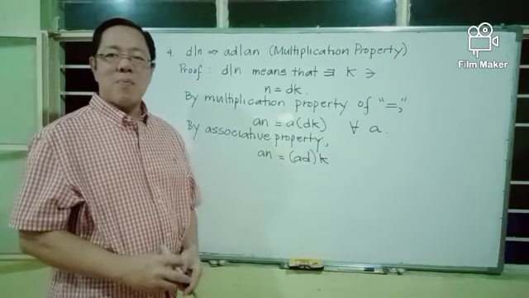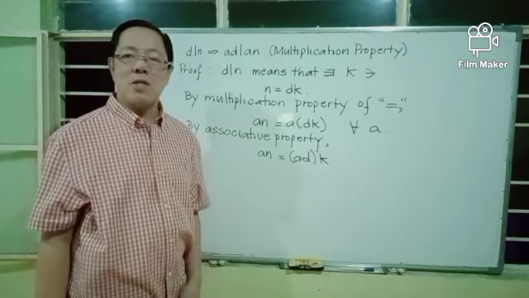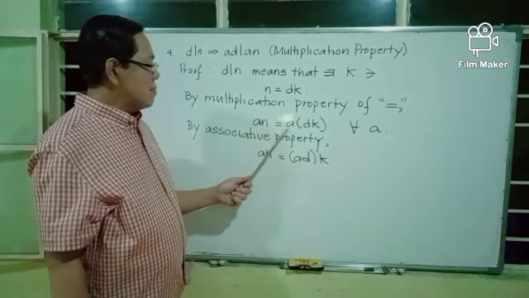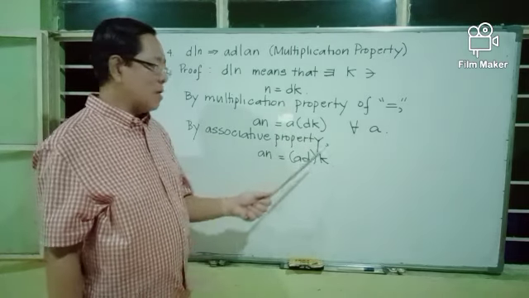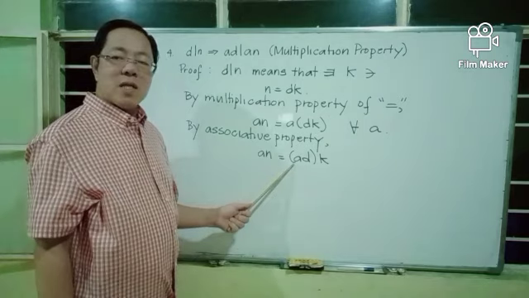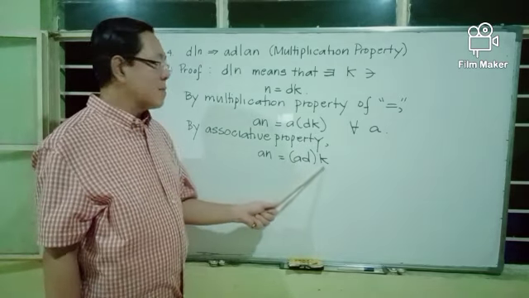By the associative property of multiplication that is satisfied by the set of integers Z, the product a times the quantity dk is the same as the product of the quantity ad and k.